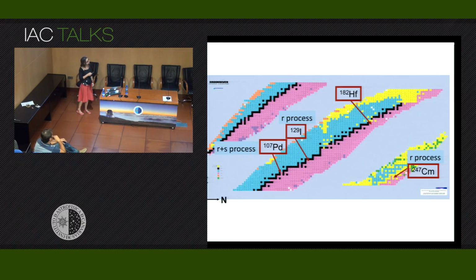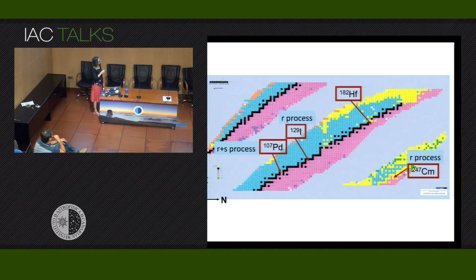Then we have curium-247. This is again only R process because the S process stops here. Once I get here with the S process, then I get all alpha decays and I keep on cycling around here. I cannot go beyond bismuth, which is the last stable isotope here. So this is again an R process nucleus.